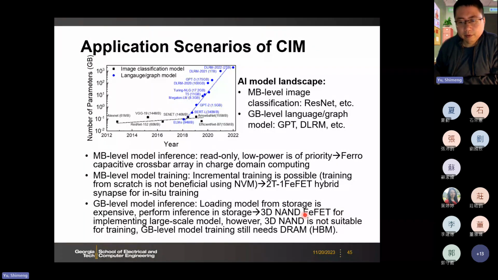And the operation principle is similar, VTH shift, although the shift direction is opposite. But the fabrication is very compatible with today's 3D NAND. So 3D NAND could reach this density. But this is only for inference because 3D NAND is pretty slow. So for training, I think we still have to use DRAM, HBM, or a new version of DRAM.